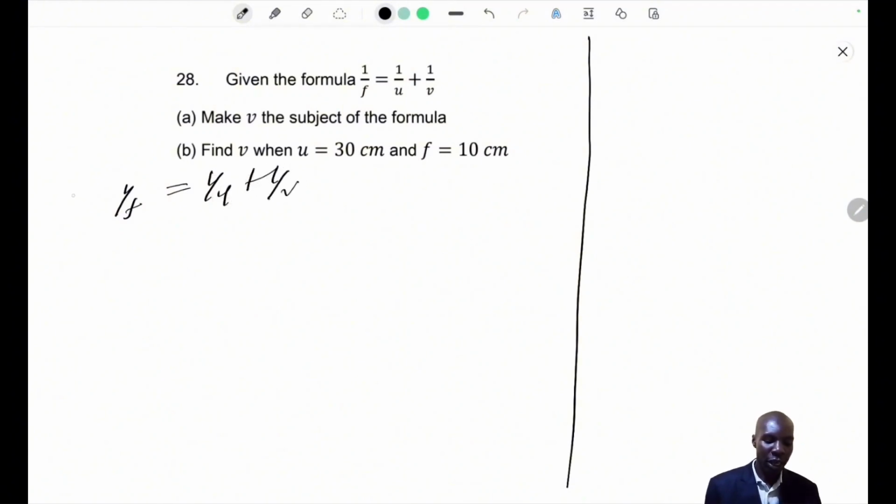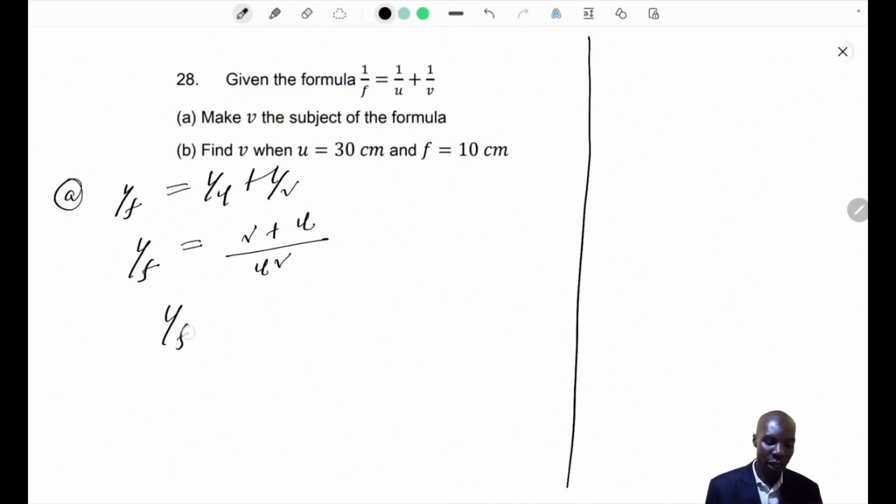So if we want to make v the subject of the formula, we'll say 1 over f equals, LCM will be uv. So u goes into uv v times. V times 1, we'll have v, plus v goes into uv u times. U times 1, we'll have u.